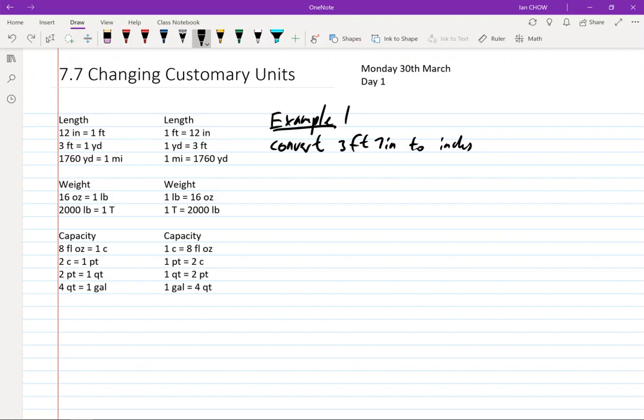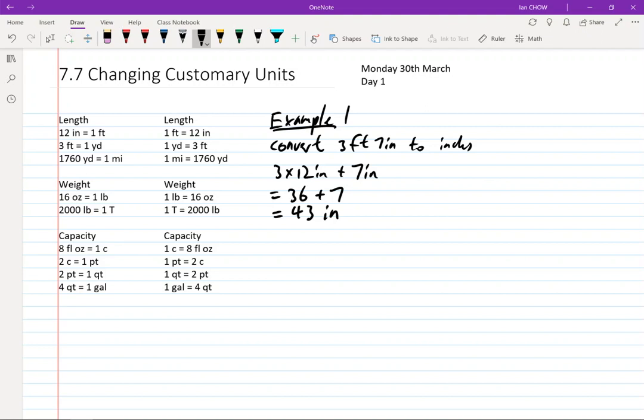So 3 feet and 7 inches will be 3 times 12 inches plus the additional 7 inches, which is 36 plus 7. In the end we have 43 inches.